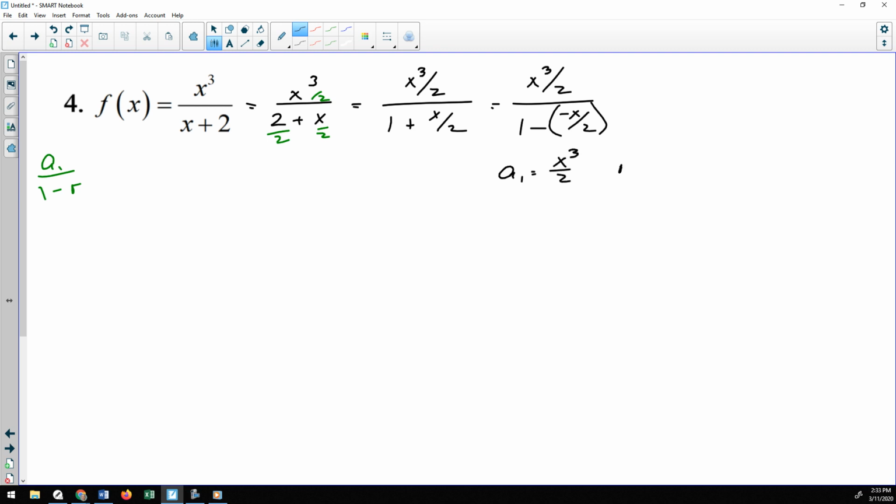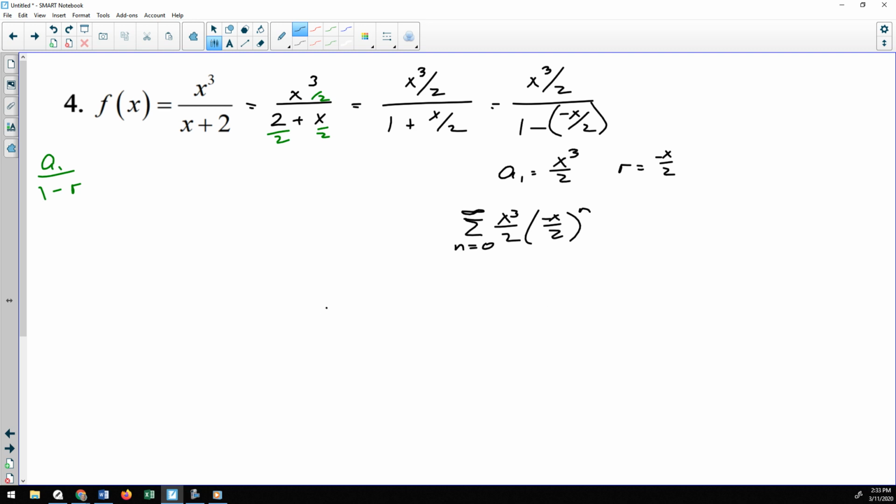My ratio is going to be negative x over 2. And I can put that into a geometric sum series formula. I'll get it right eventually. The sum of x cubed over 2 times negative x over 2 to the nth power.